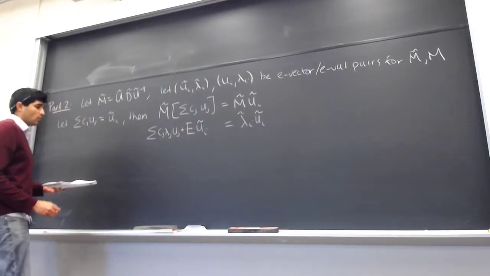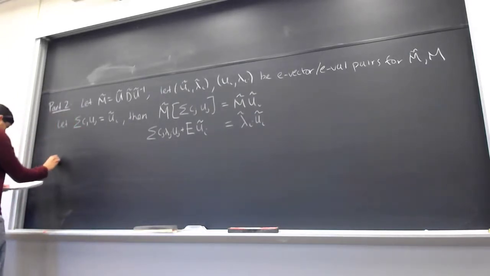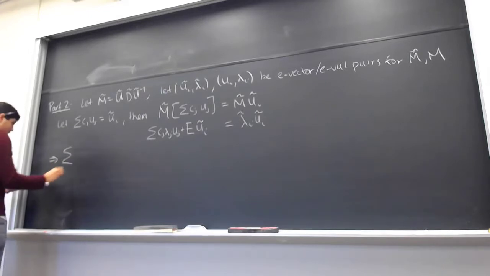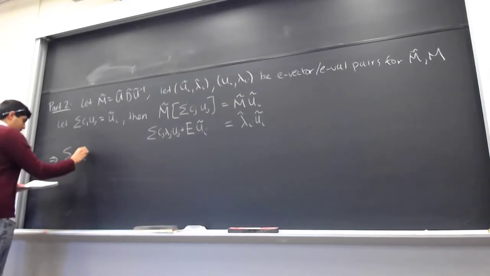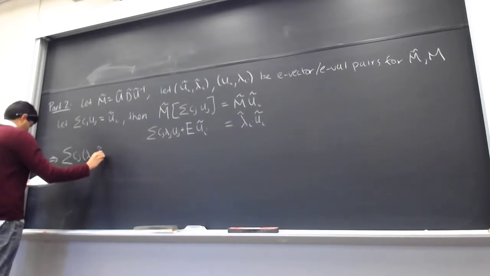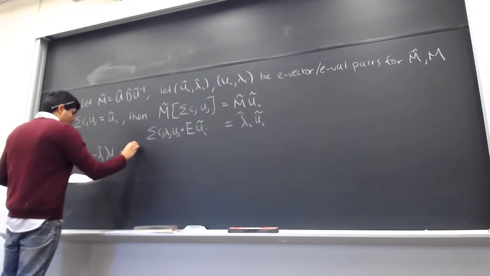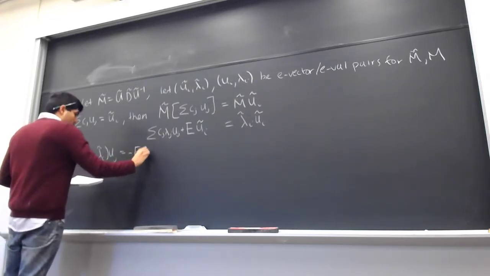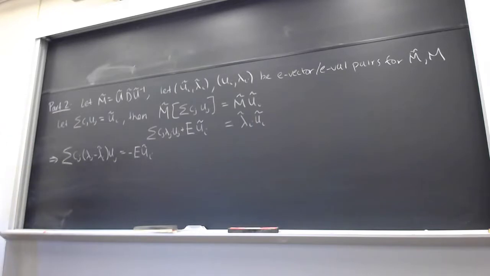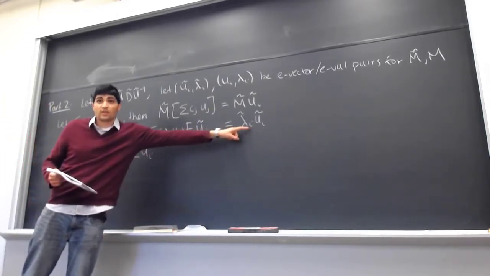So now we can write this out in another way, and then we're almost done: we can write it as CJ times lambda J minus lambda I tilde UJ, and that just equals minus E times U tilde I. We're just using what U tilde's representation is again.